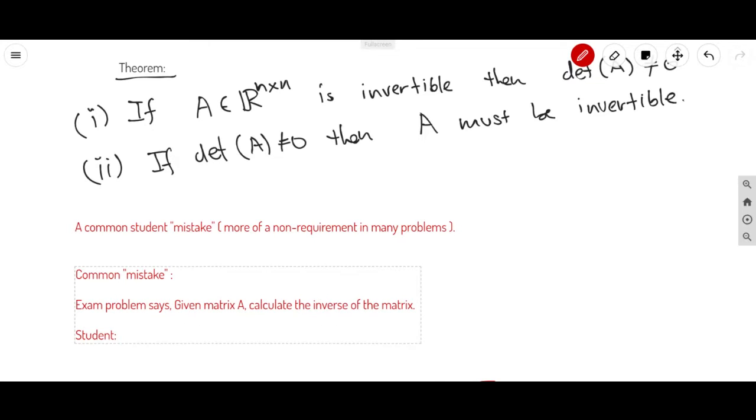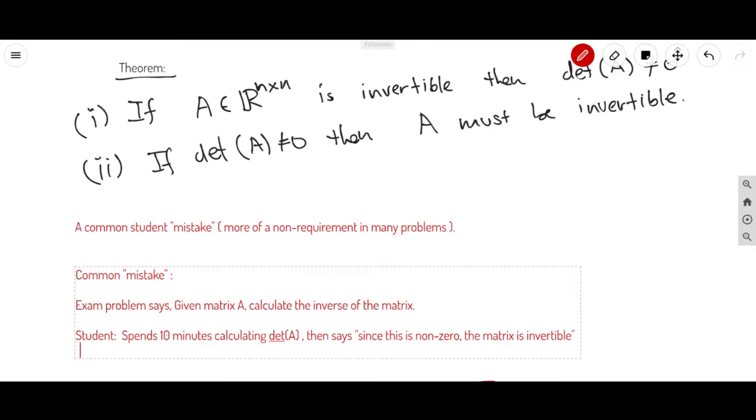The student spends 10 minutes calculating the determinant of A, then says, since this is non-zero, the matrix is invertible, and then spends like 15 minutes calculating the inverse of A by row reduction.